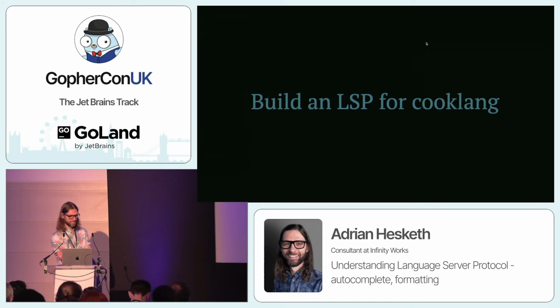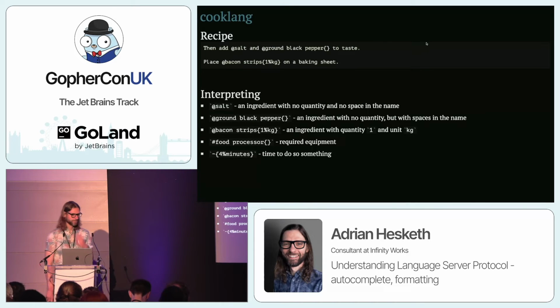So let's build an LSP for Cooklang. Cooklang looks a bit like this. You've got, then add salt and ground black pepper to taste, and place a kilo of bacon strips on a baking sheet. So what we've got here is, ingredients start with an @ symbol, and the ingredients end with either a word boundary, or they go all the way to these curly braces.